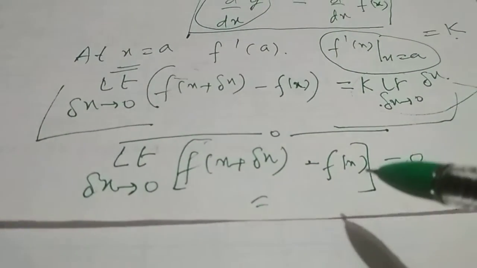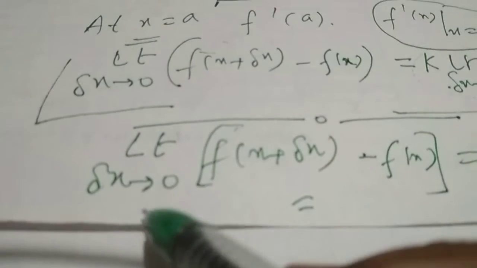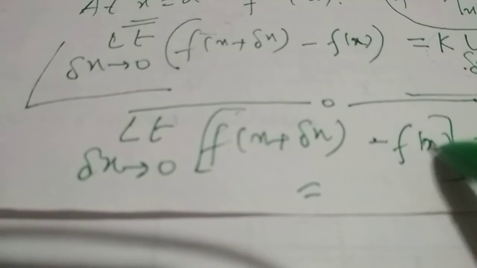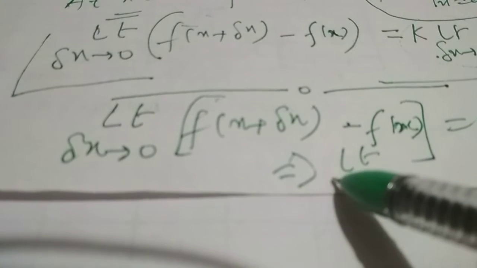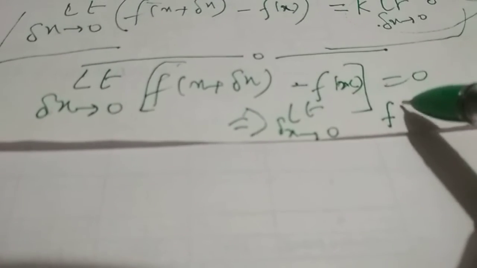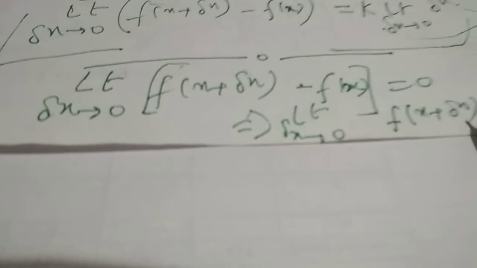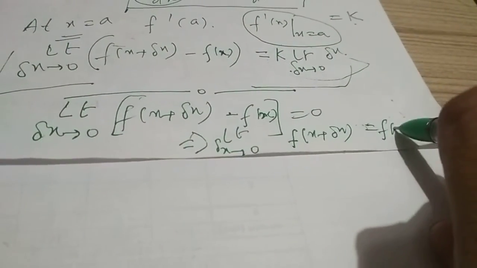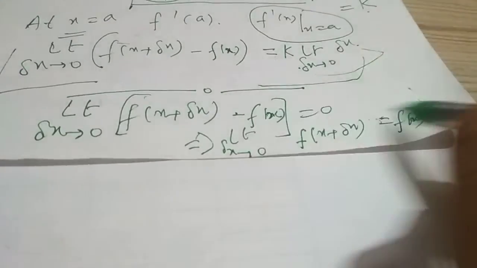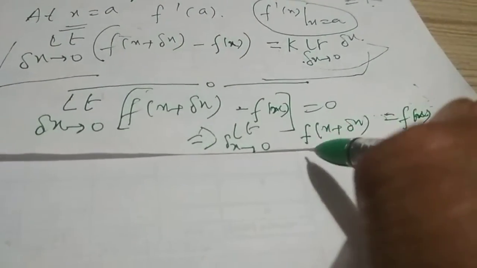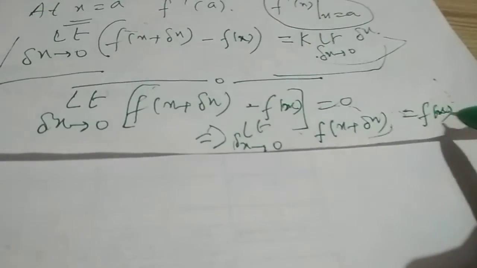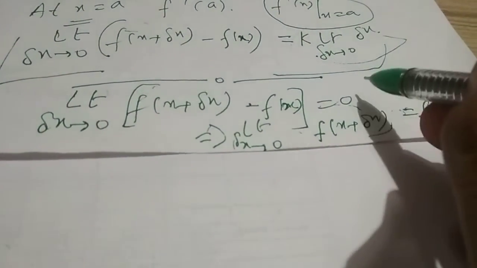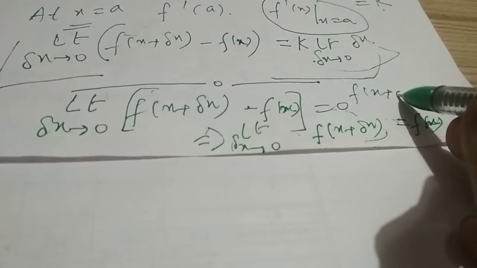This implies limit delta x tends to 0, f of x plus delta x is equal to f of x. It is so simple to understand that as delta x tends to 0, f of x plus delta x tends to f of x.